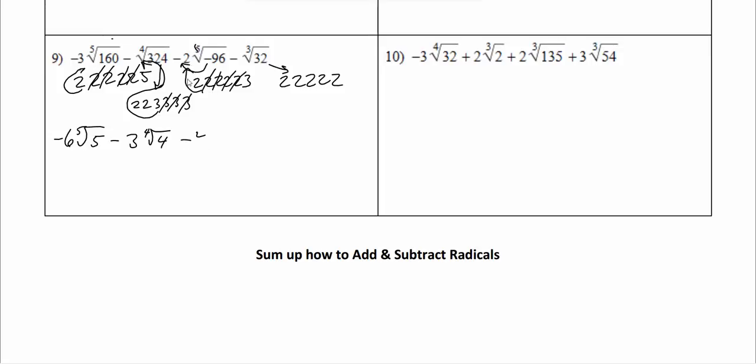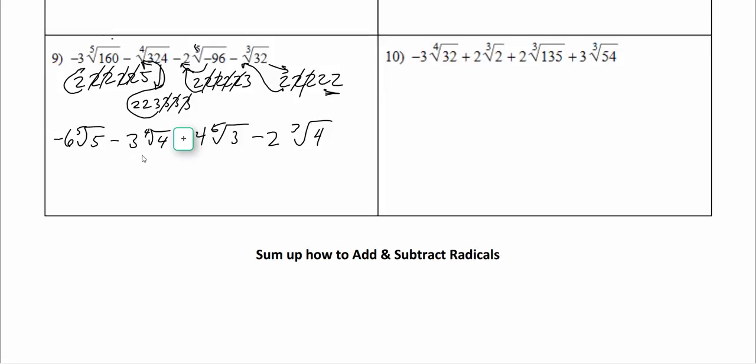So this becomes a 4 times the 5th root of 3. And this one here, cross, cross, so that becomes a -2 times the 3rd root of 4. That's 2 times 2 is 4.